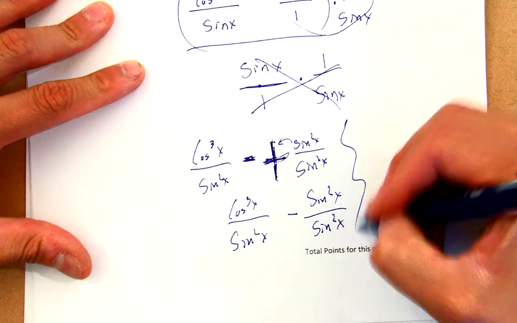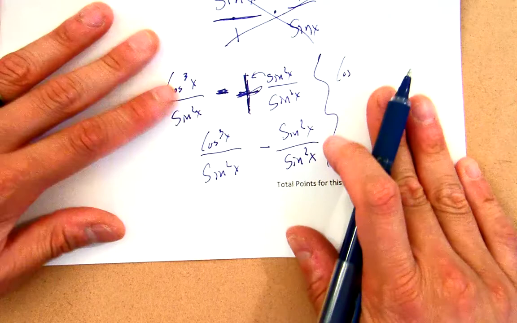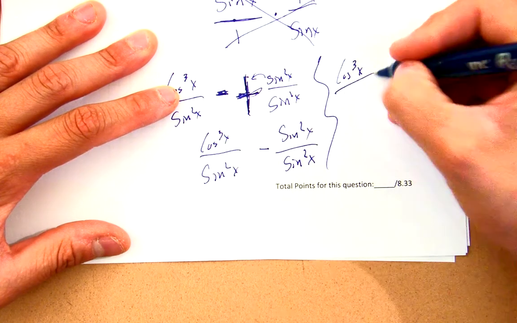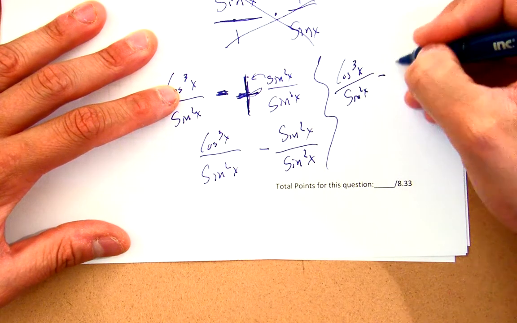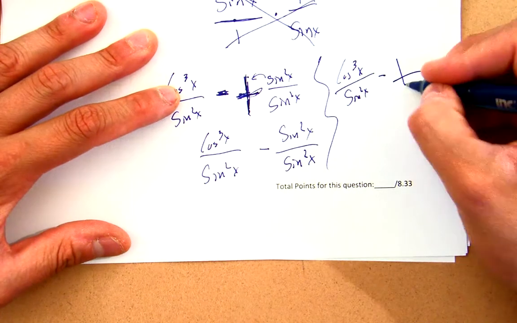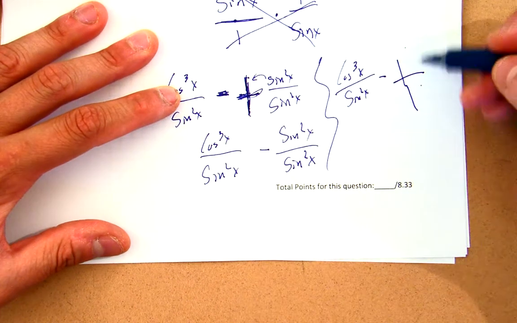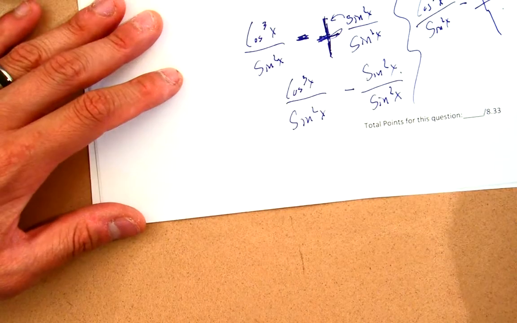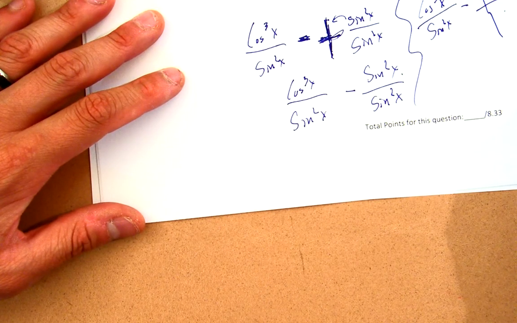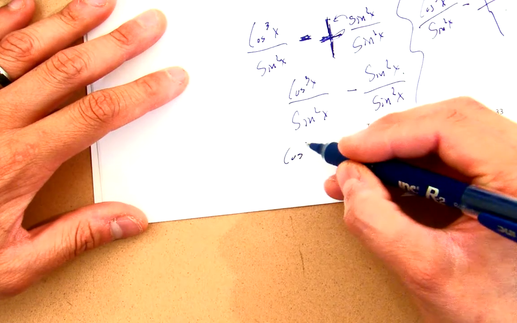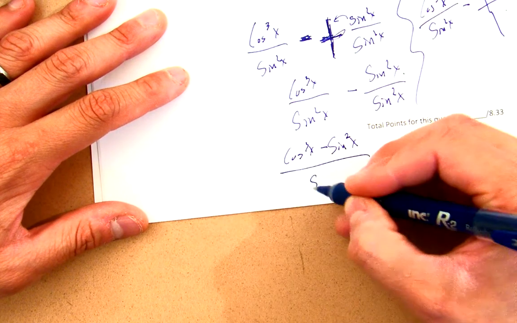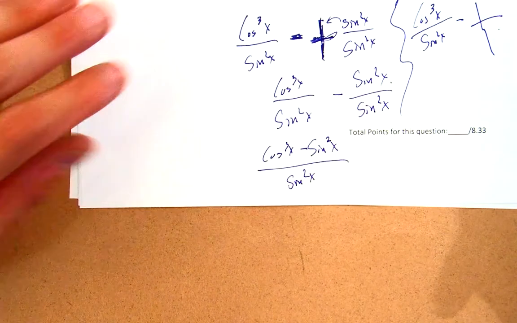Because I had cosine cubed x over sine squared x minus 1, right? And 1 is over 1, right? Multiply top and bottom by sine squared. I get this. And now, what can I write them as? Cosine cubed minus what? Over what? Sine squared. True?